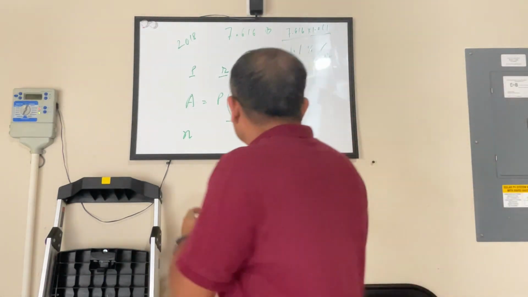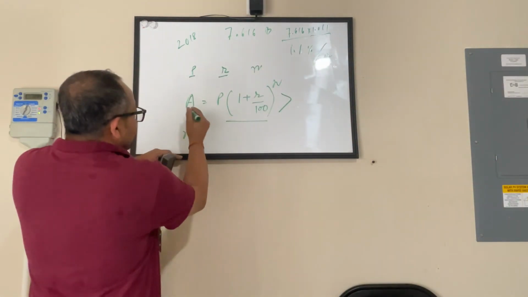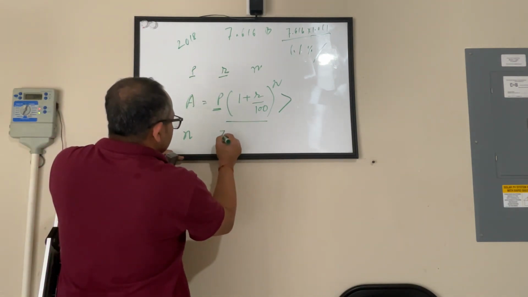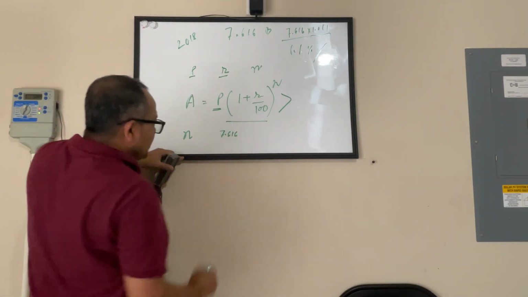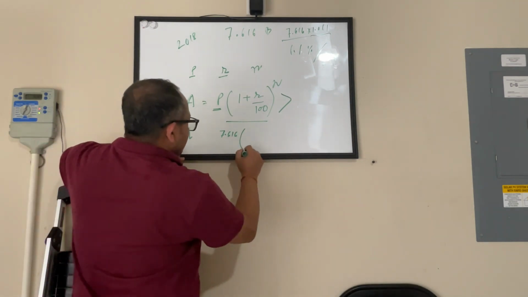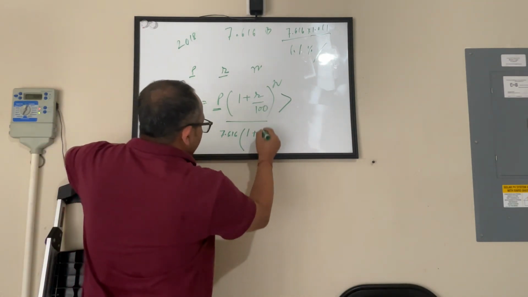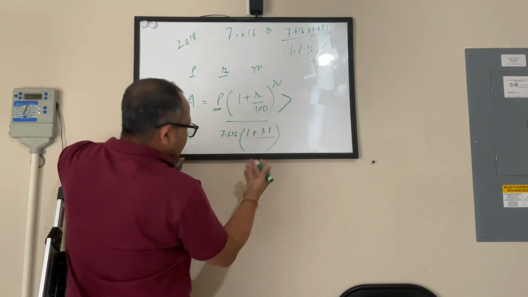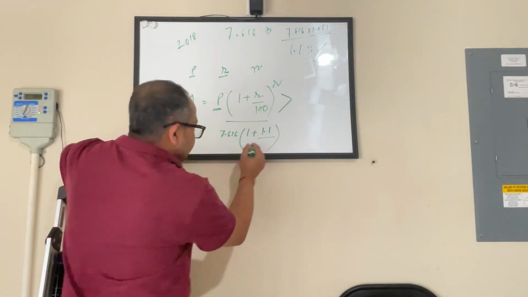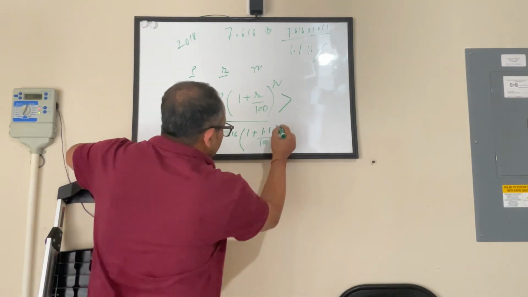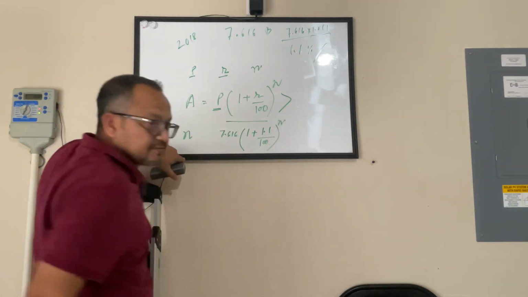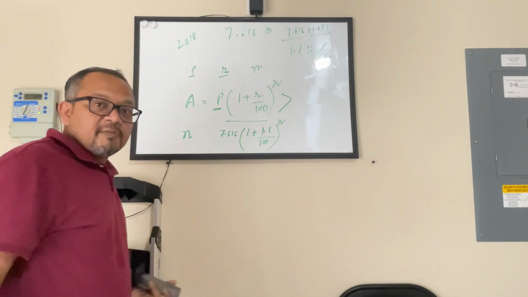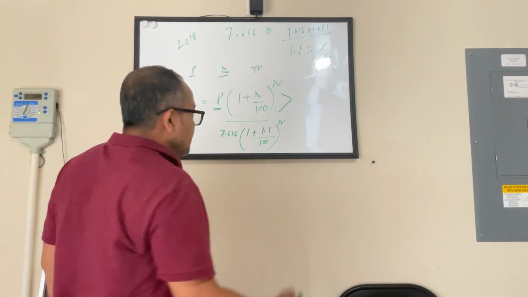Let's say after n years, if my current population P is 7.616 billion, it becomes 7.616 into (1 plus 1.1 by 100) to the power n. The yearly increase rate is 1.1%. This is what my population will become, which will be more than how much my natural resources are.